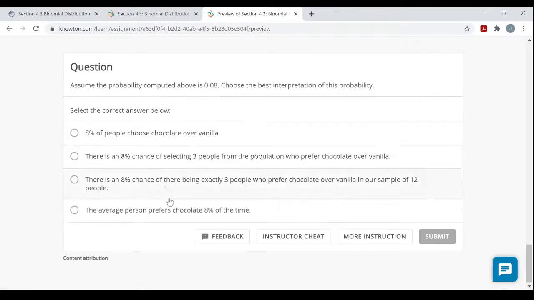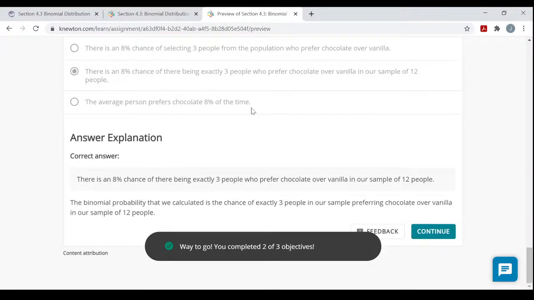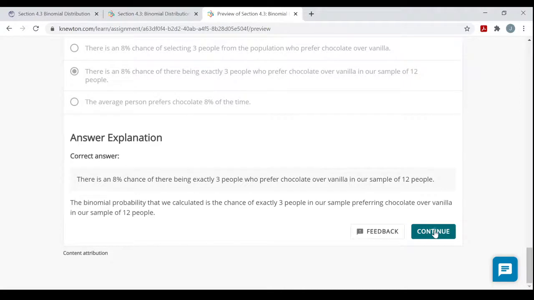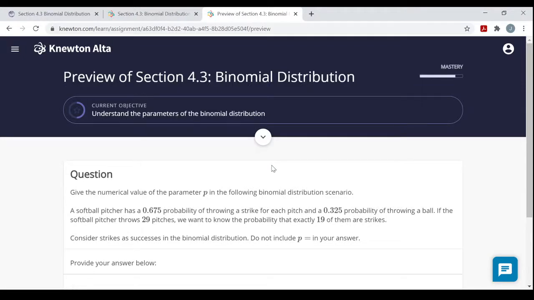All right. Again, I'll leave this to you. Interpret what it means to have a probability of 8%. Remember, probability usually refers to chance and all that, and that shouldn't be a problem. And this is parameters. Remember, finding the mean and standard deviation.